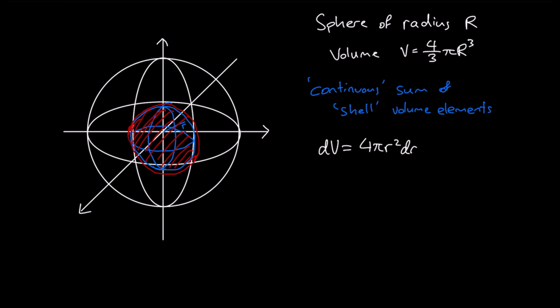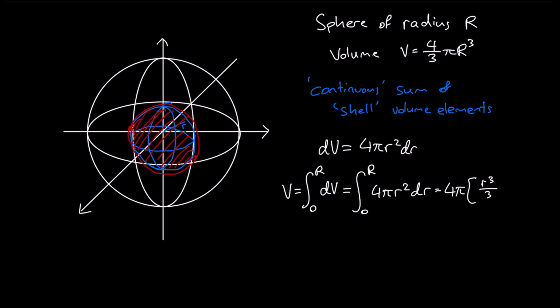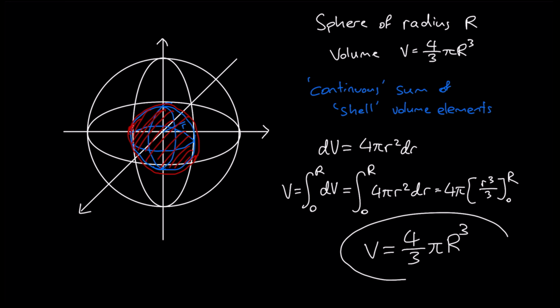And then we're going to develop our full volume, integrate that from 0 to capital R, dV, our volume element, so 0 to capital R of 4 pi r squared dr. So we get 4 pi and then r cubed on 3, 0 to capital R, and we gain that formula and find out once and for all why on earth there is a 4 over 3 in the equation for the volume of a sphere. So there you go.